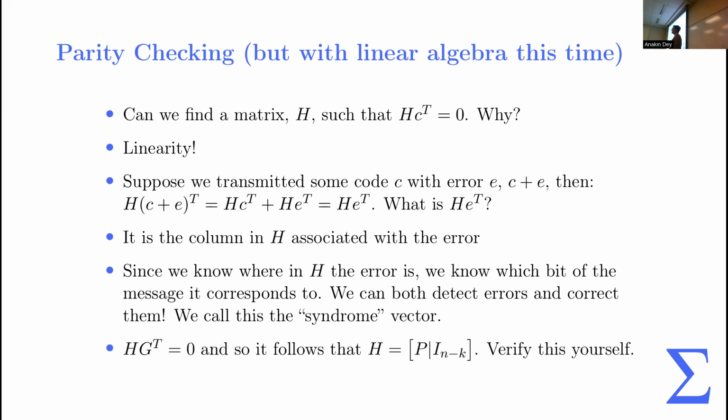I'm not going to do this because it's not super useful, but I'll leave you guys a few seconds to do this. We know that HC transpose is equal to 0, and we know that MG is C. So if you do some math, you're going to get that HC transpose is 0.